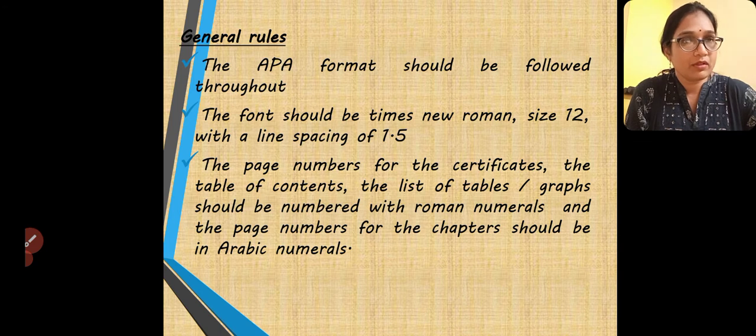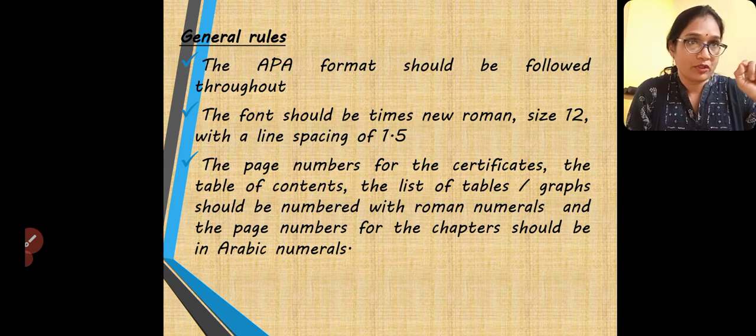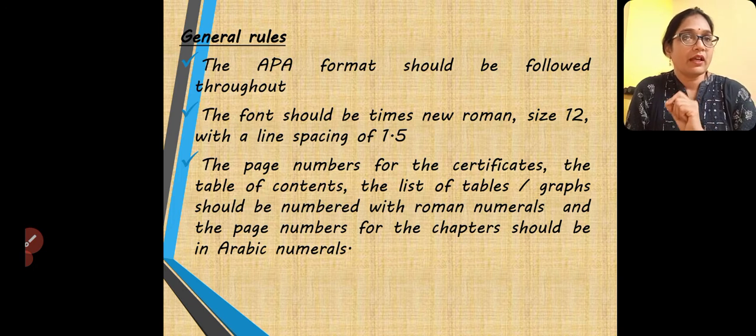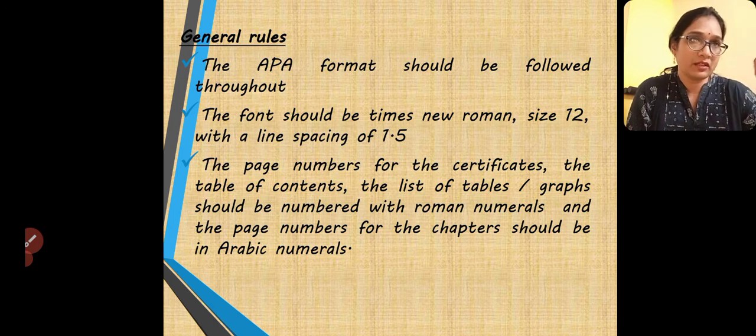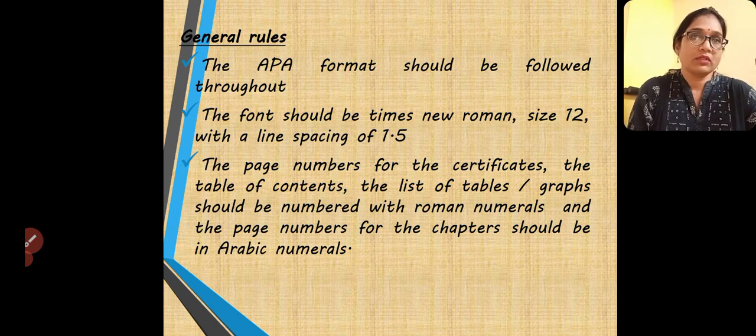When you are writing the page numbers, in case of certificates, table of contents, list of tables, graphs, you should use small Roman numerals, not the capital. For the page numbers of the chapters, it should be Arabic numerals. Arabic numeral is the normal 1, 2, 3, and the Roman numeral is the small i, ii, iii. That is what should be used.